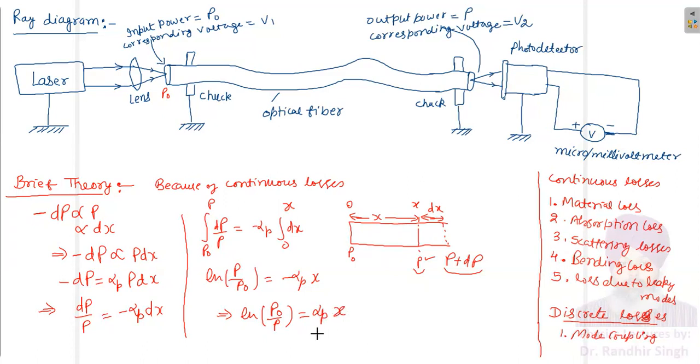In general, if the length of the fiber is capital L, then this equation becomes log of P0 by P is equal to alpha P L. So we can write alpha P equal to 1 by L log of P0 upon P.